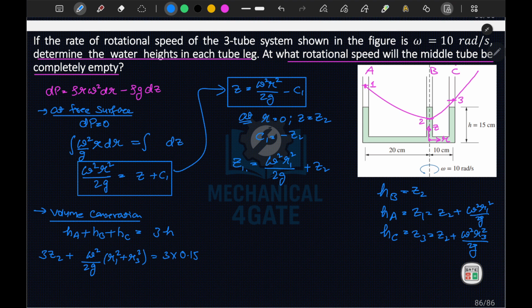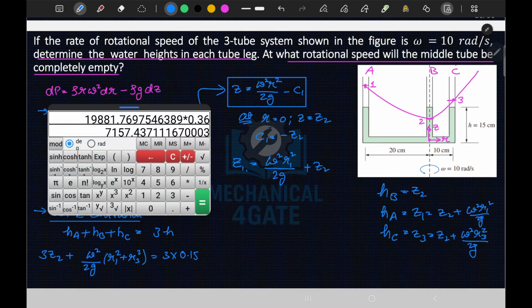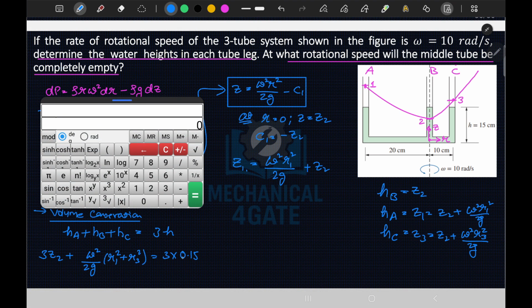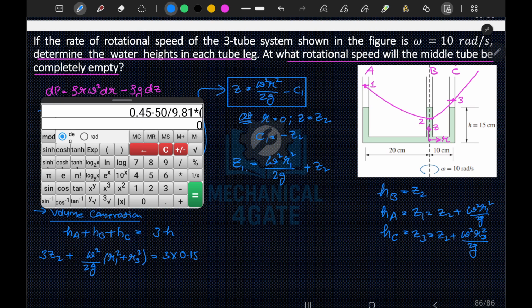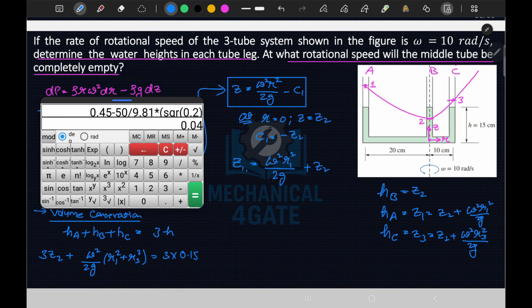Okay, so let me substitute the values here. 3 into 0.15 is 0.45, minus 3 times omega square by 2G. Omega square is 100 divided by 2, that is 50, divided by 9.81, into R1 square plus R3 square, so 0.2 square plus 0.1 square.